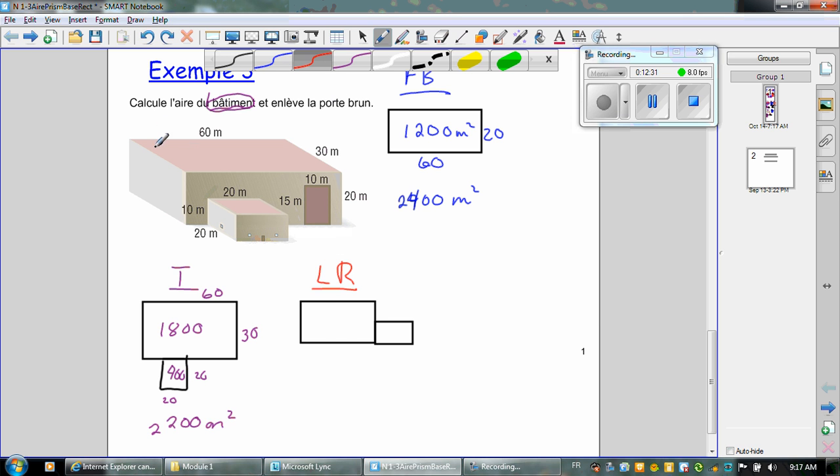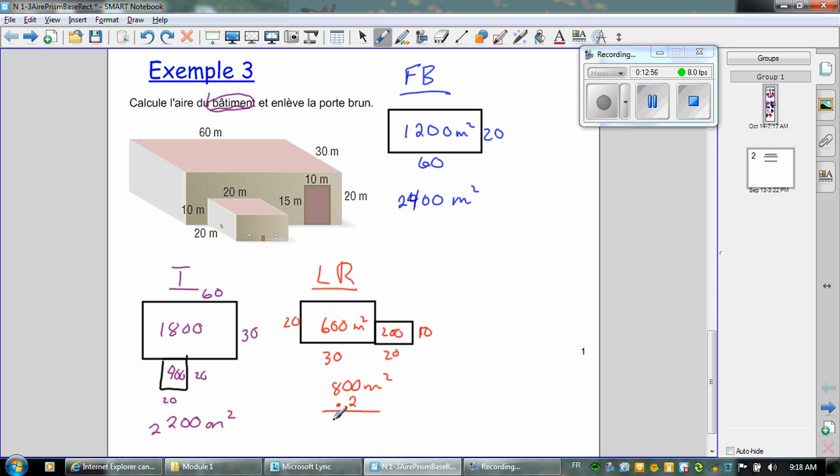So this one here is 30 by 20, which is 600 meters squared. And the smaller one is 10 by 20, so 200. So the left side is 800. And remember, I have that twice, so I need to double that to get 1600.